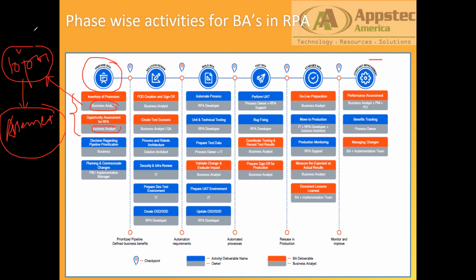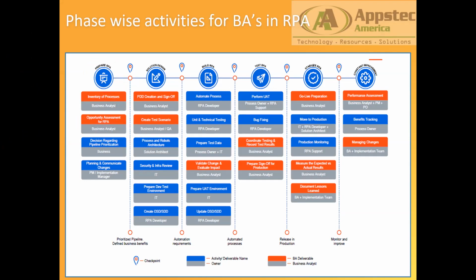So these are the two steps that happen in prepare RPA, where the business analyst plays a very important role, right? So first and foremost is the process identification, or let's say the opportunity assessment.